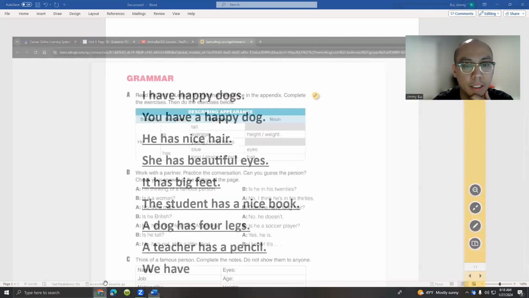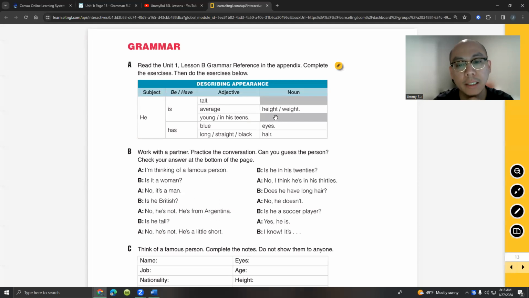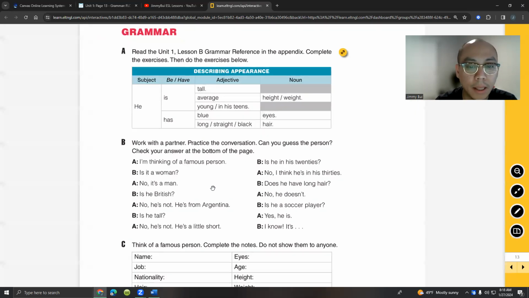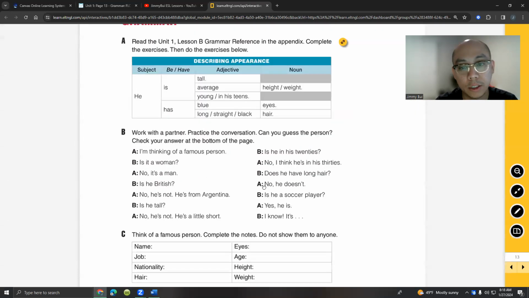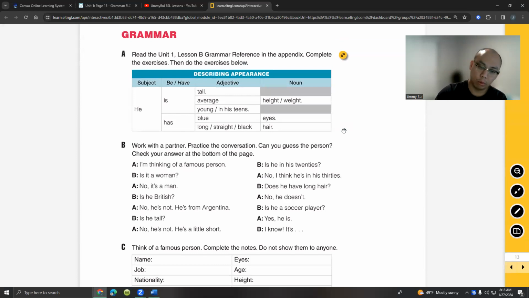And I know in the textbook here, it's showing or asking information about your height and weight and eyes. And yes, this is very good practice. And I recommend to continue in your textbook looking at exercise A, and then going into the questions. I will review that shortly here in this video.